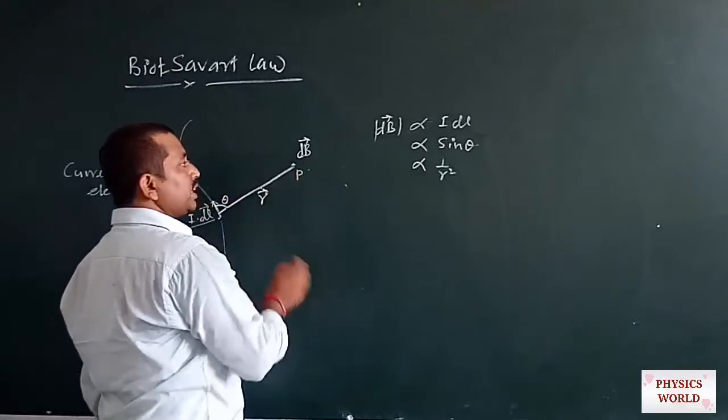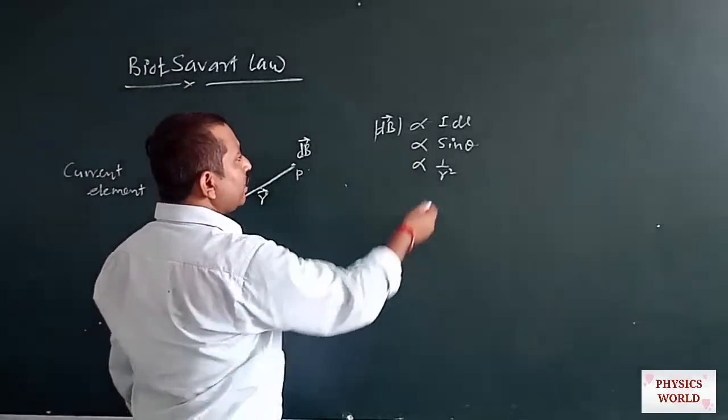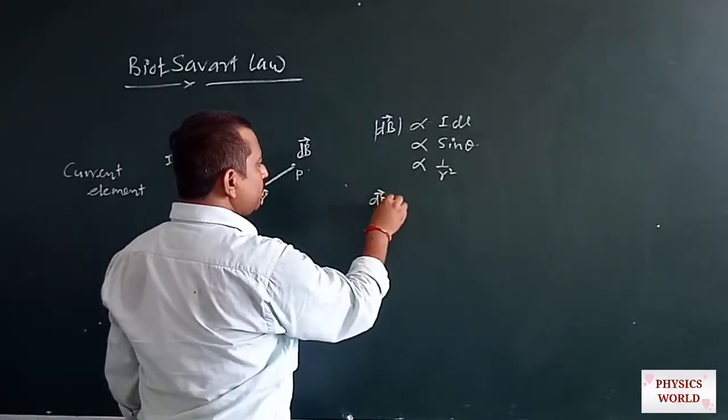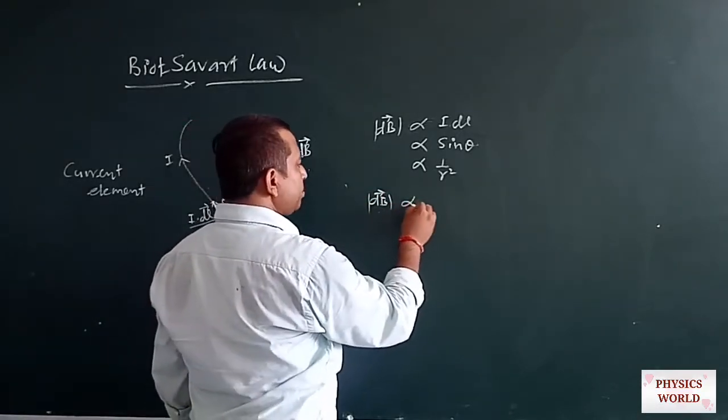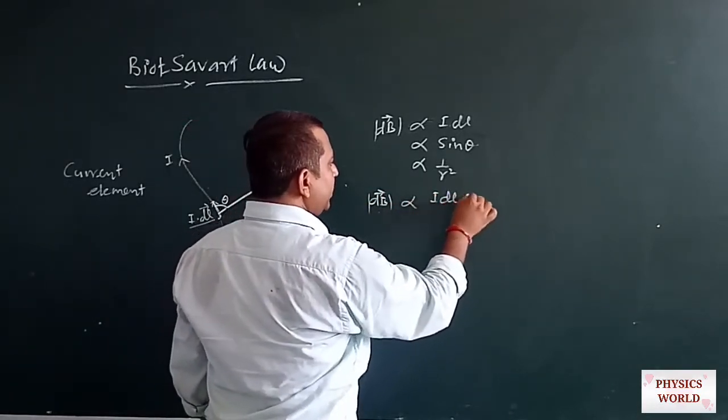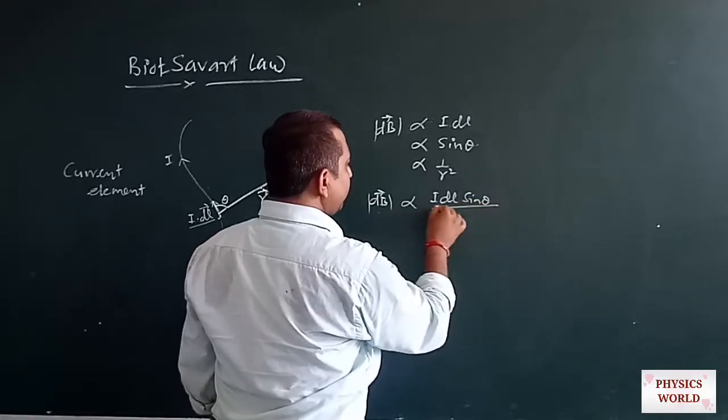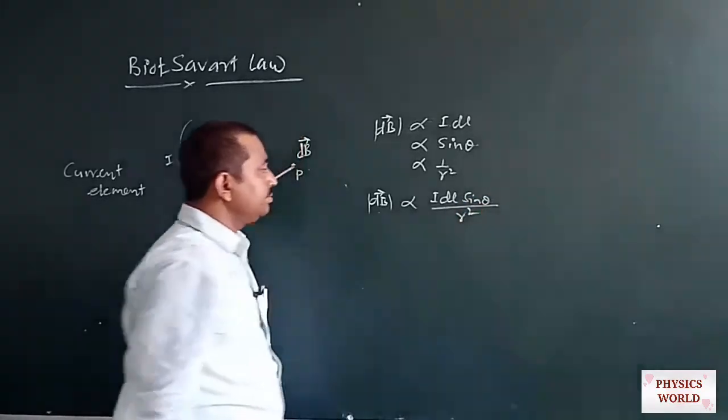So if we join all these, the magnitude of the magnetic field at any point due to a current element is directly proportional to I dl sine theta divided by r square.